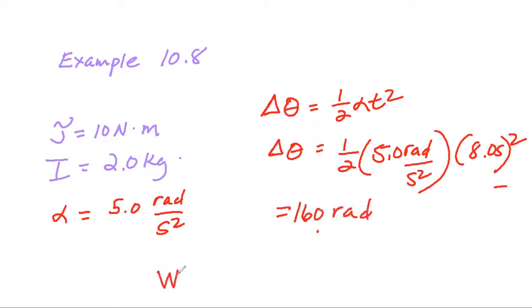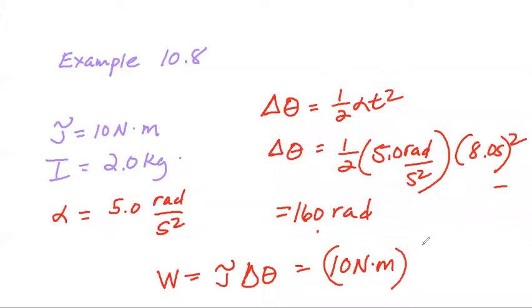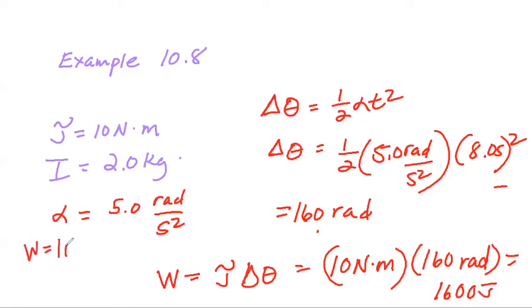Work is going to equal tau times delta theta, which is 10 newton meters times 160 radians, and that's equal to 16,000 joules. So we got work at 16,000 joules, and delta t equals 8.0 seconds.